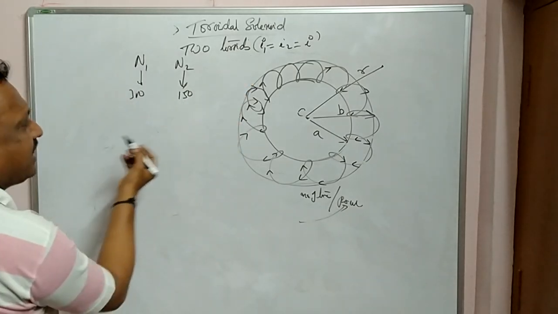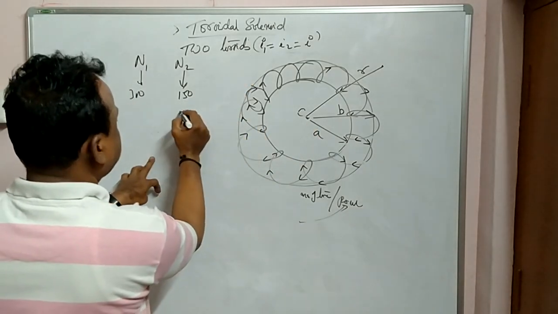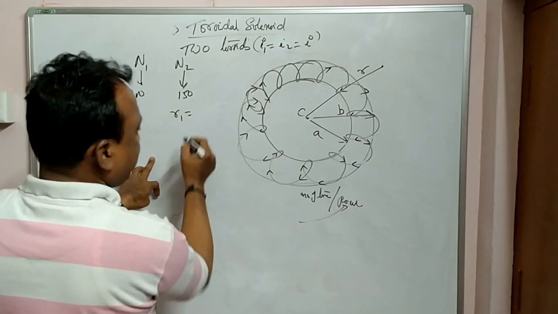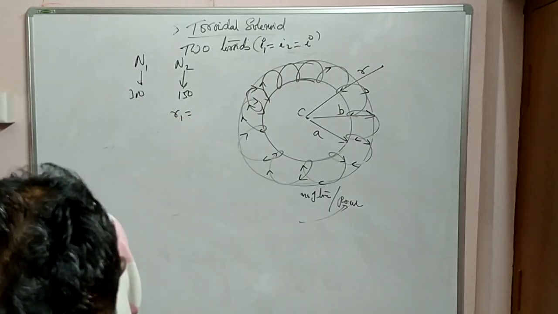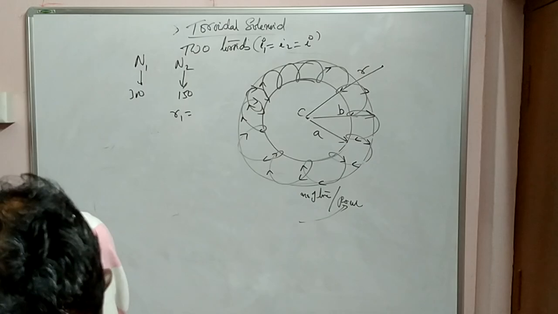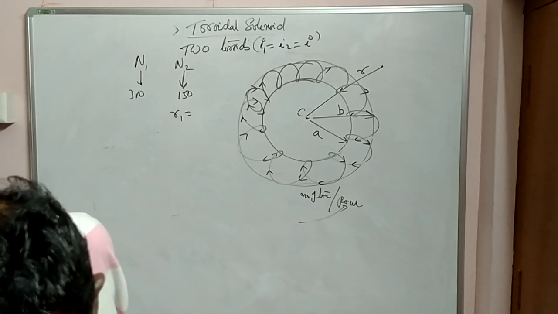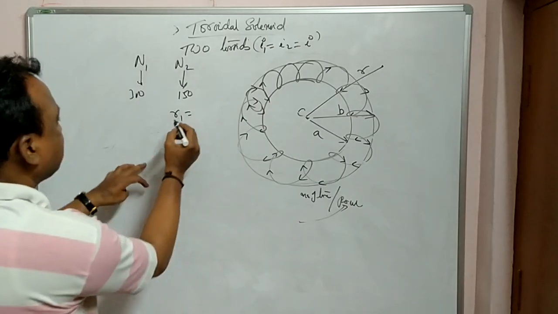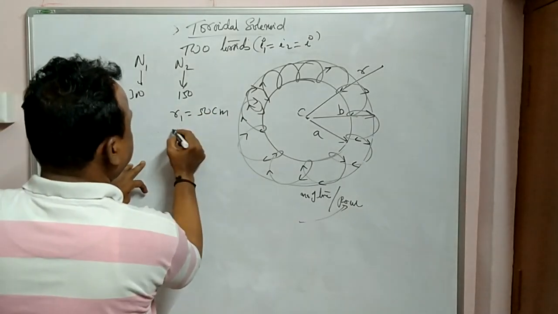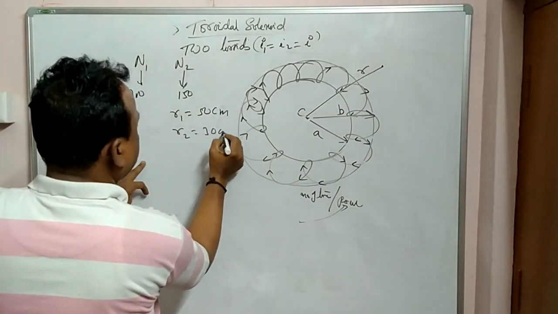Let us apply the formula. And the average radii are given. One is 50 centimeters and another is 30 centimeters.